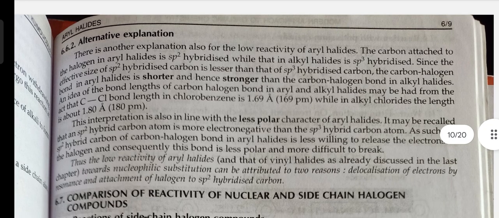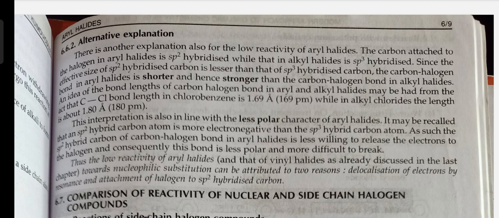Alternative explanation. There is another explanation also for the low reactivity of the aryl halides. The carbon attached to halogen in aryl halide is sp2 hybridized, while that in alkyl halide is sp3 hybridized. Since the effective size of sp2 hybridized carbon is lesser than that of sp3 hybridized carbon, the carbon-halogen bond in aryl halide is shorter than the carbon-halogen bond in alkyl halide.